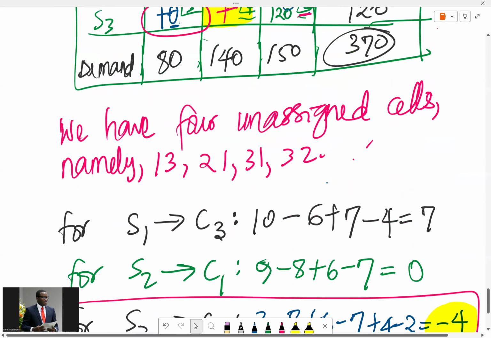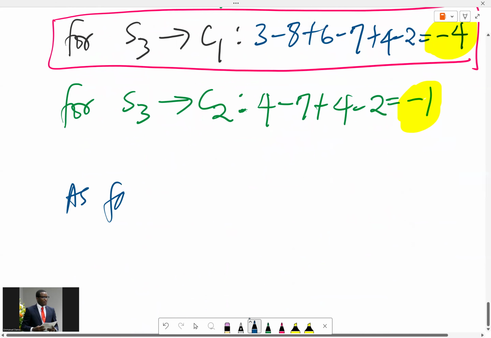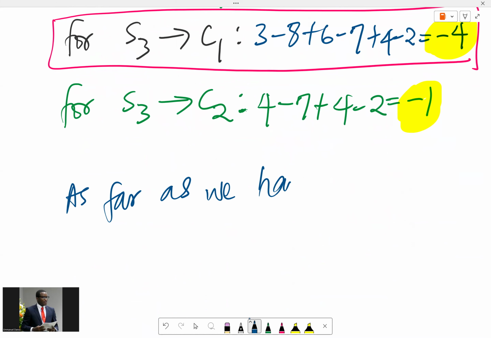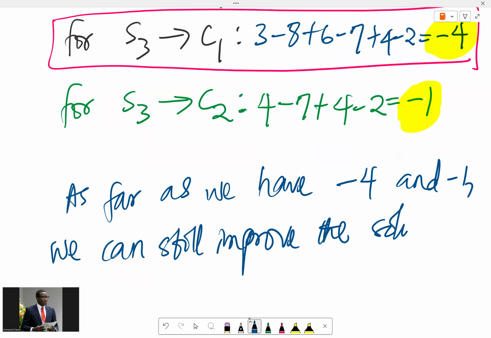As far as we have minus 4 and minus 1, we can still improve the solution.